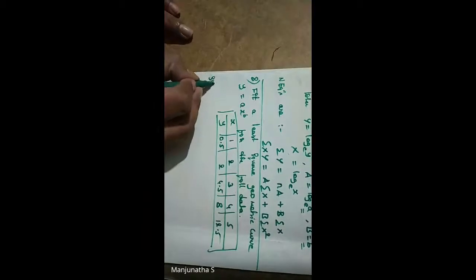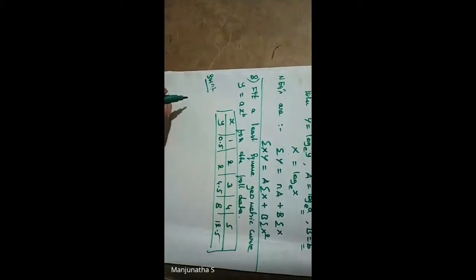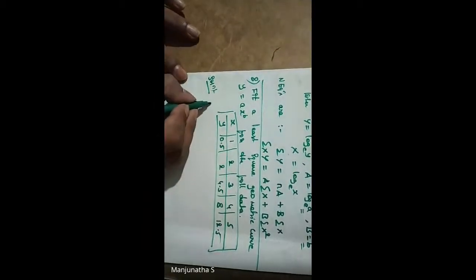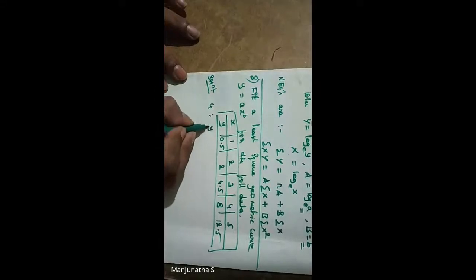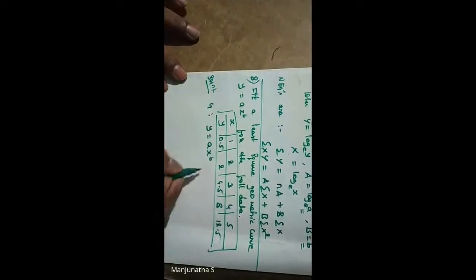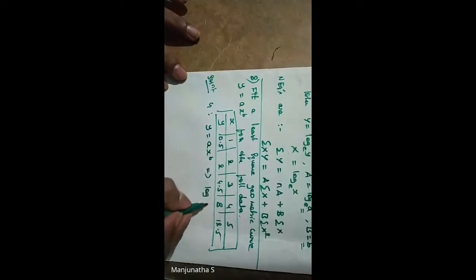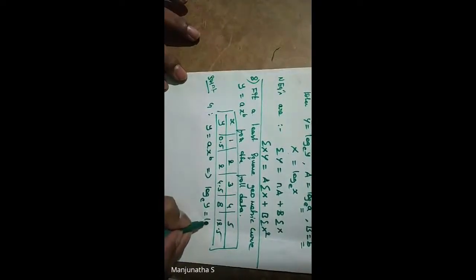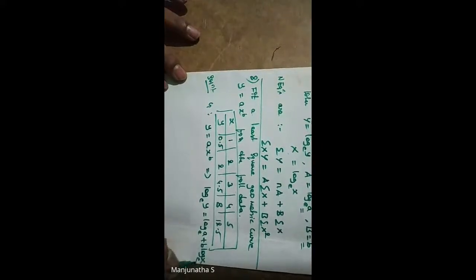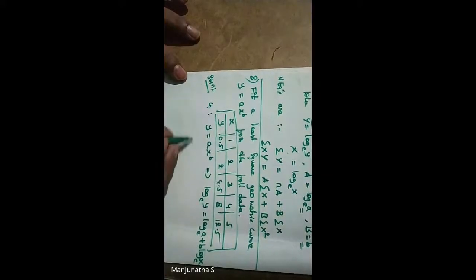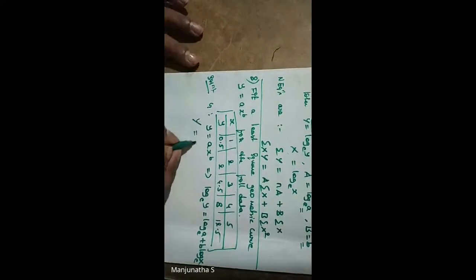See the solution. First, we need to write y is equal to the given part, y is equal to a x power b. When you take log on both the sides, you know very well, log y to the base e is equal to log a to the base e plus b into log x to the base e. Same thing. Then the equation is capital Y is equal to capital A plus B into capital X, correct?